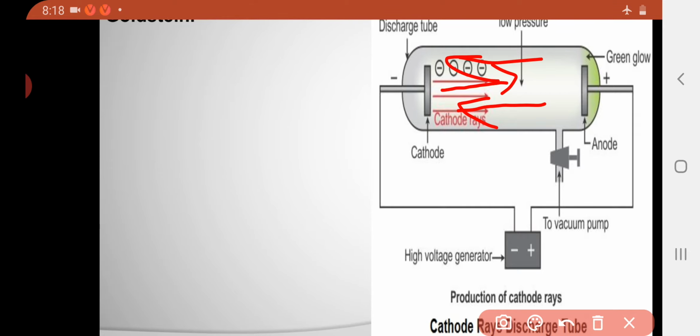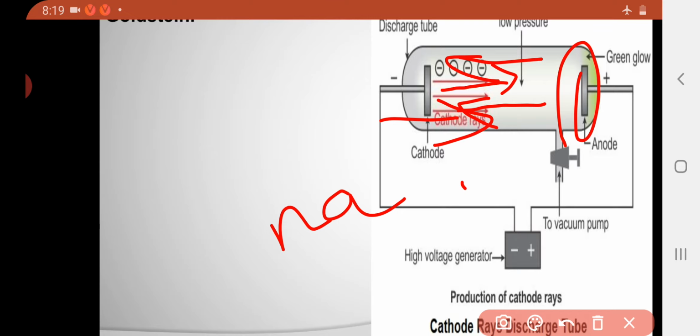Then he concluded that these rays are not generated from the anode, so we may not call them anode rays. As rays generated from the cathode are named cathode rays.